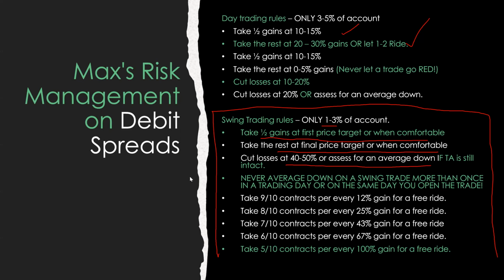When it comes to ghetto spreading, all right, I like to turn my play into a ghetto spread around 30 to 40%. So if I'm up 30 to 40%, and I'm like, oh shit, I don't have day trades, I'm trading in a small account, I'm practicing risk management. 30 to 40% is when you should start looking to sell the premium that's one out of the money.